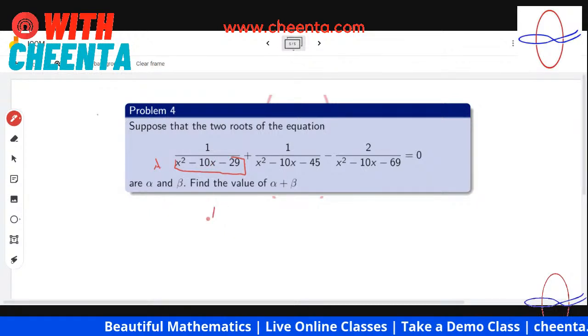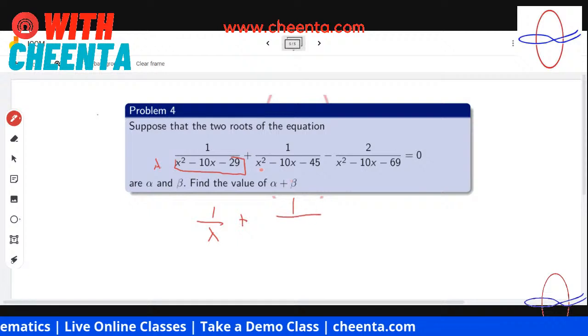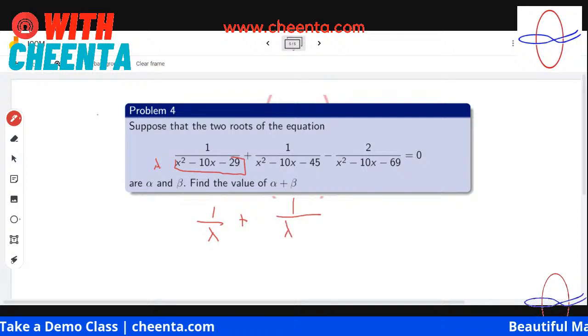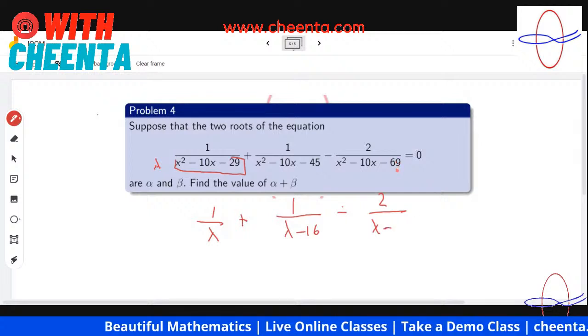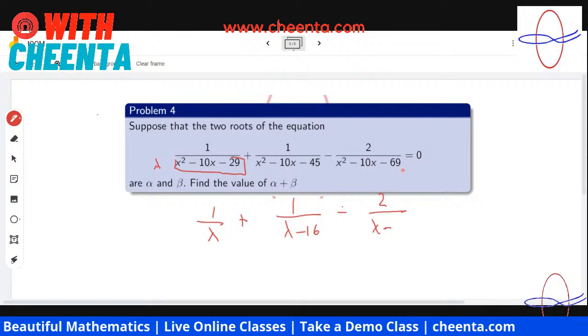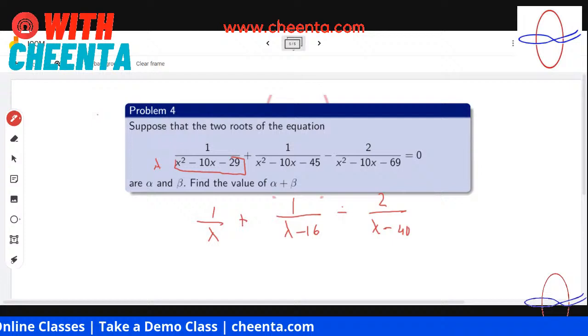Because this 10x is the same, 1 by lambda plus 1 by lambda minus 16, minus twice, lambda minus 40, is equal to 0.